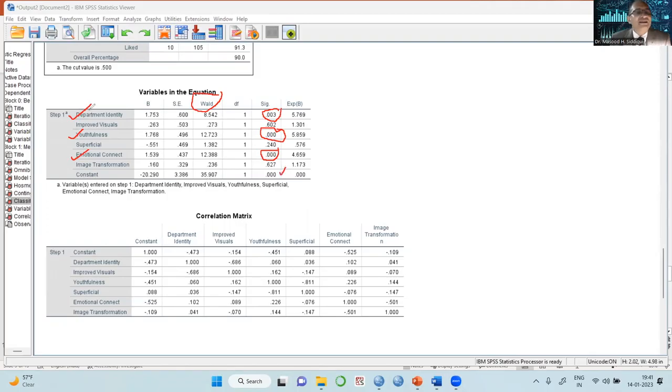So three predictors, departmental identity, youthfulness, and emotional connect, all show a low p-value. So H naught is rejected, meaning the Wald coefficient is not zero. So these are the significant predictors. Let us write the significant predictors on our whiteboard.